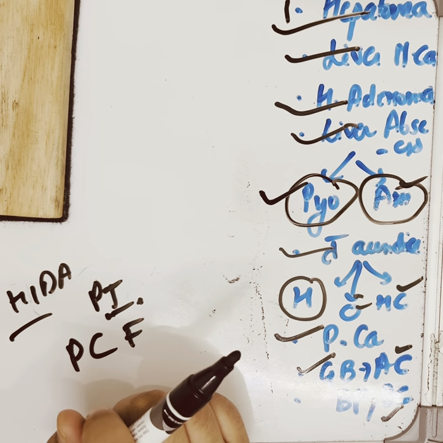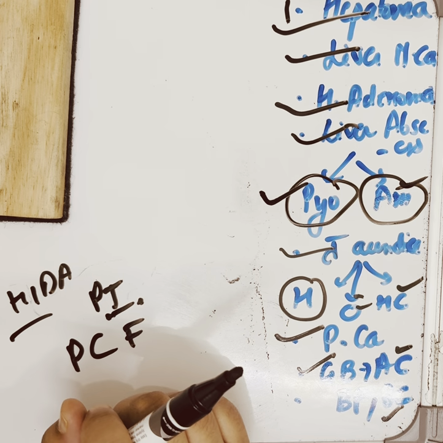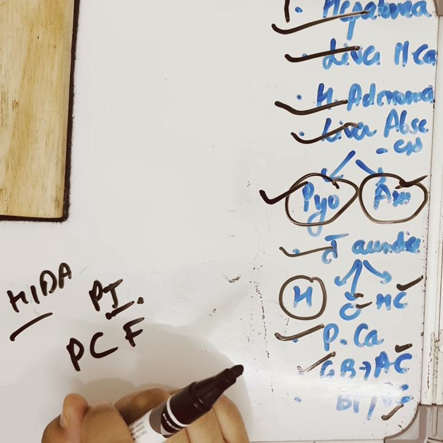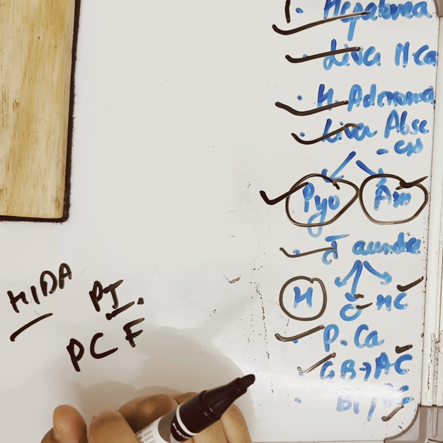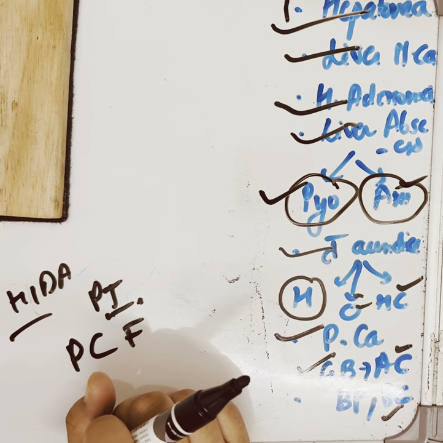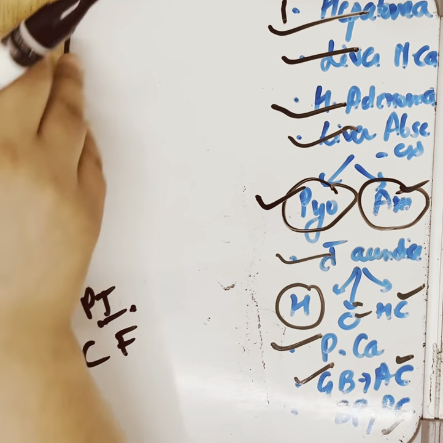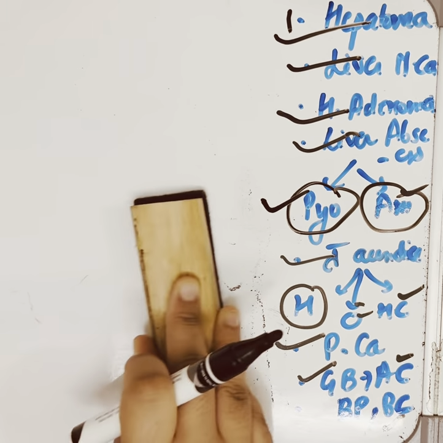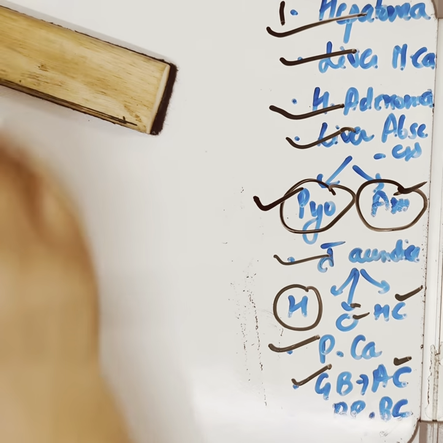And management is mainly NPO, IV fluids, antibiotics, and cholecystectomy can be performed if it's an urgent case. And percutaneous cholecystostomy is best temporarily when the patient is very sick and infectious, and we don't want to get into the surgical risk of spreading the infection.